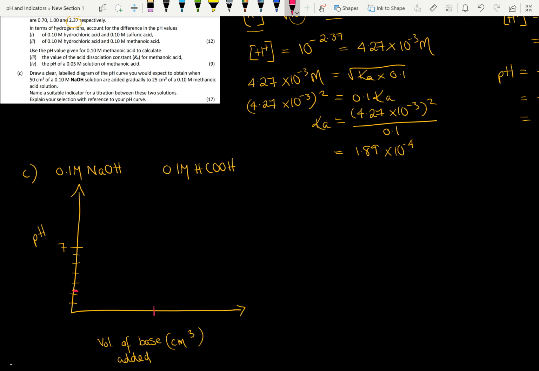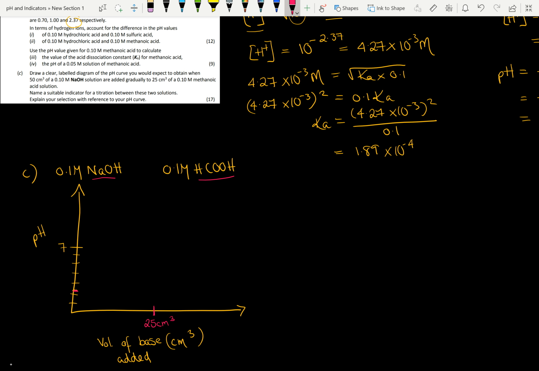Because they're the same concentration, 0.1 molar sodium hydroxide and 0.1 molar methanoic acid, neutralization is going to occur after 25 centimeters cubed of the base have been added, because each centimeters cubed of the sodium hydroxide and the methanoic acid contain the same number of moles. So after adding 25 centimeters cubed of the sodium hydroxide, we should have neutralization of the methanoic acid.